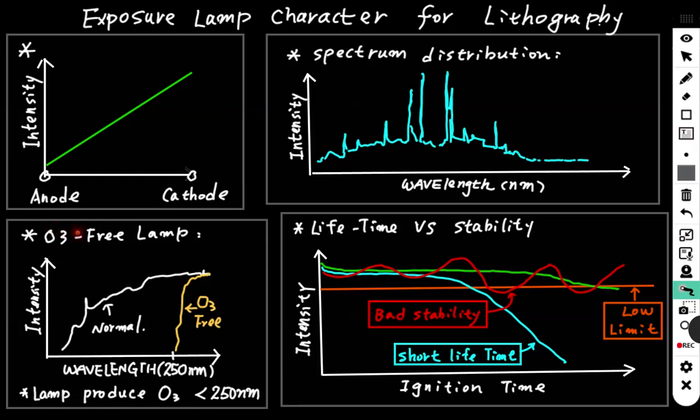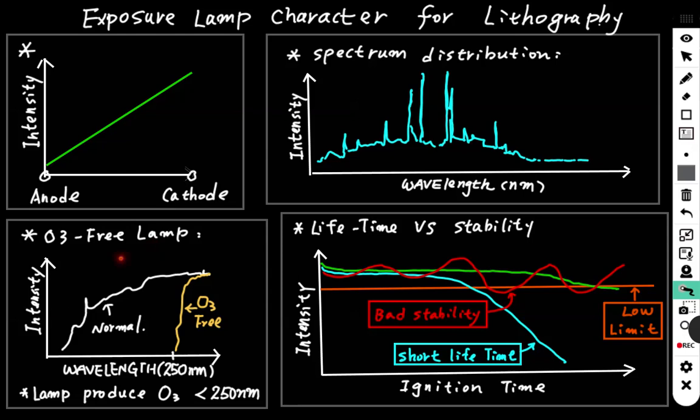So in some places, we use the normal lamp, just the wavelength and the intensity, and this is the 250 nanometer point. The wavelength under this point produces the ozone.